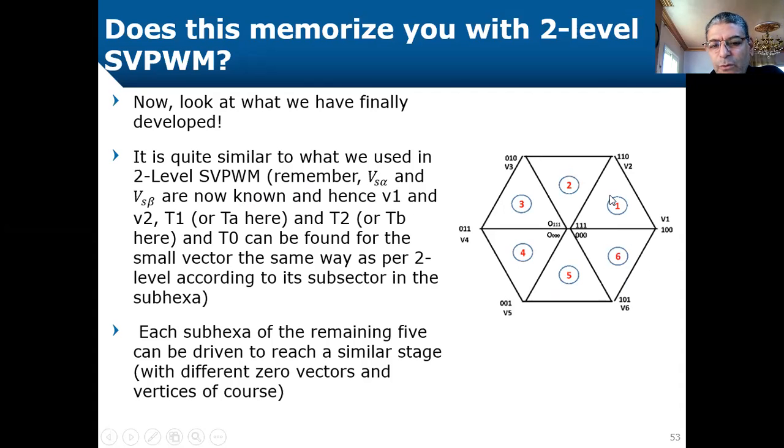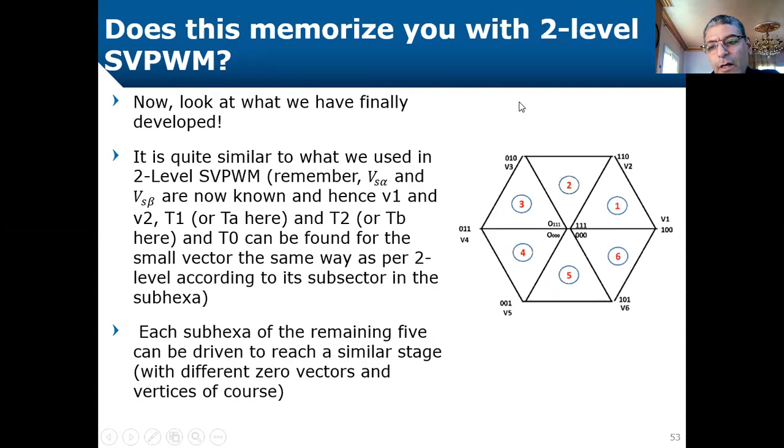This is what we will use here to find out the sector and the V1 and the V2 and so on, and accordingly T1 and T2. And TS, if we know TS, then we can get T0. Each subhexa of the remaining 5 can be driven to reach a similar stage with different zero vectors and vertices, of course.